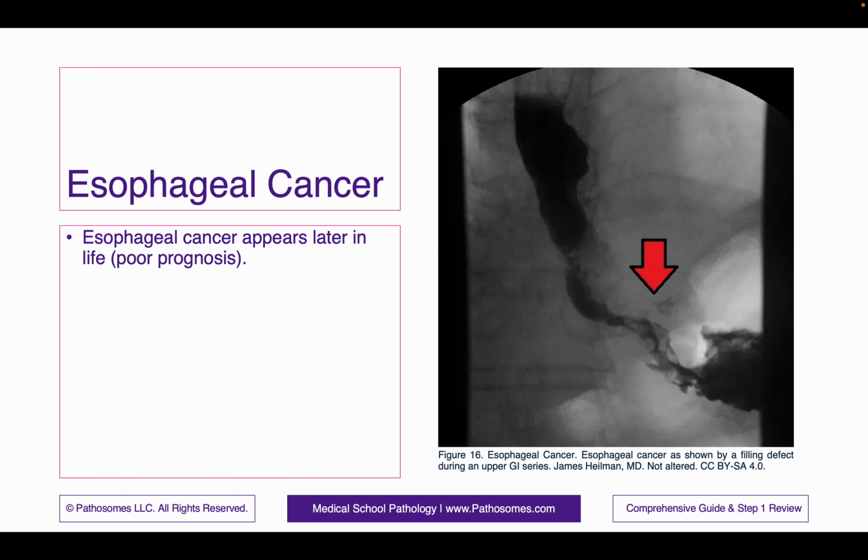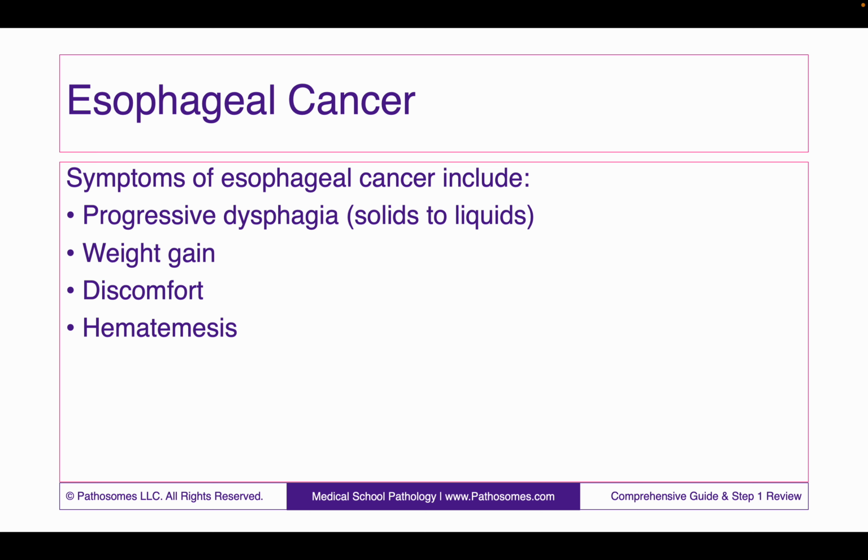Now let's move along to esophageal cancer, okay? Esophageal cancer appears later in life and has typically a poor prognosis. Symptoms of esophageal cancer include progressive dysphagia, weight gain, discomfort, and hematemesis.